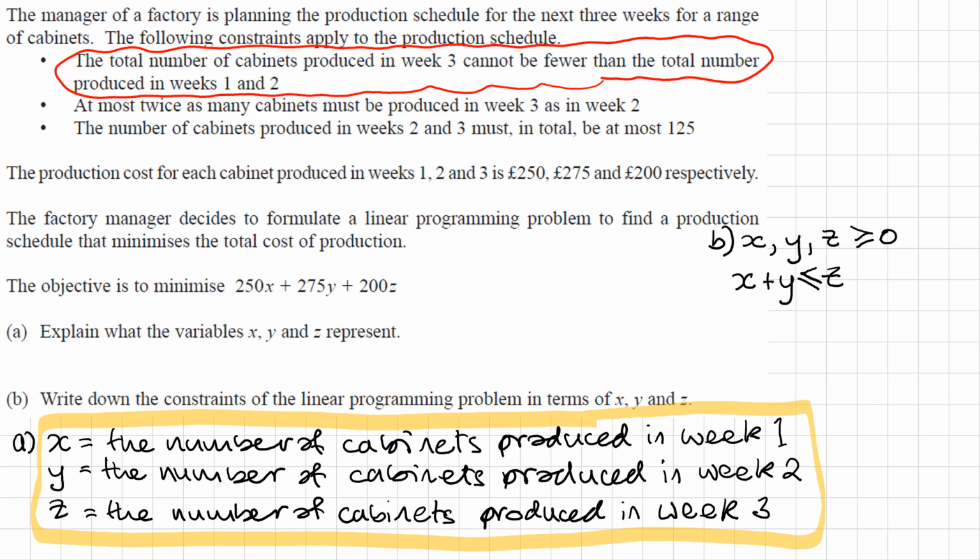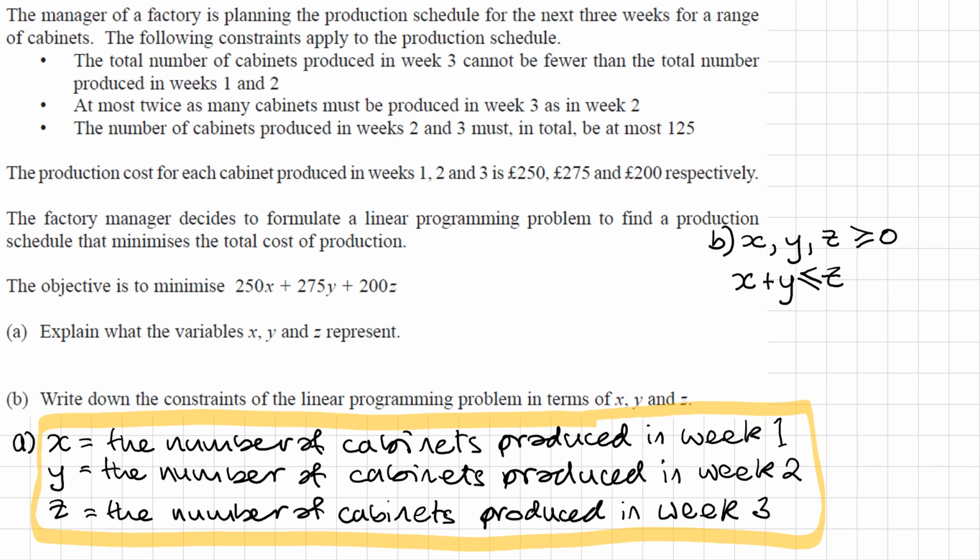Next, we'll look at the next bullet point here. It says that at most twice as many cabinets must be produced in week 3 as in week 2. If we take the number of cabinets produced in week 2, that's y, and the number produced in week 3, which is z, however many I produce in week 3 needs to be at most twice as many as I produce in week 2.